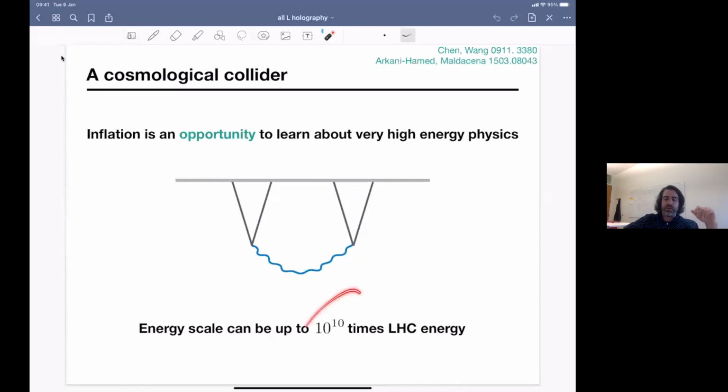And just for numbers, the energy scales are astronomically larger than anything we could ever hope to produce on Earth. And so there really is some promise of having some large physics reach using precision measurements of inflationary correlators. Okay, so that's just some phenomenology motivations.